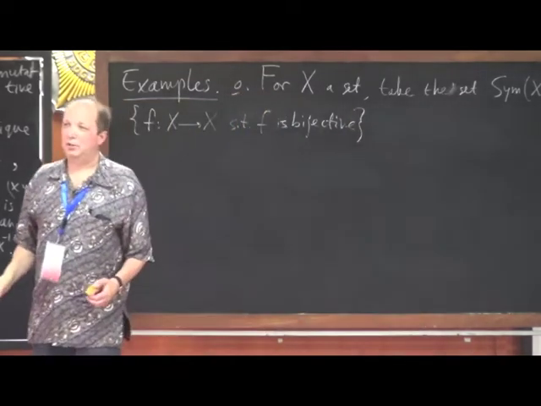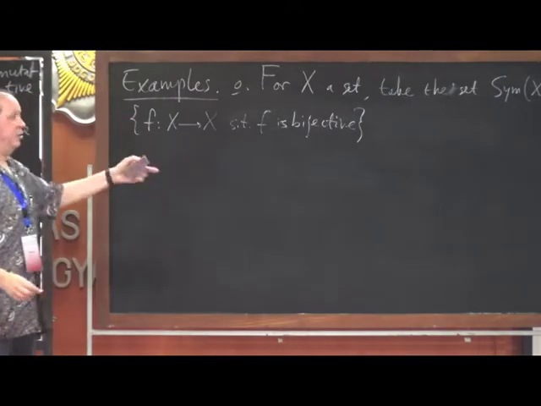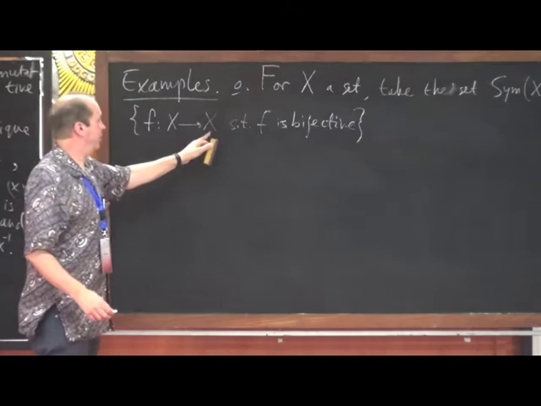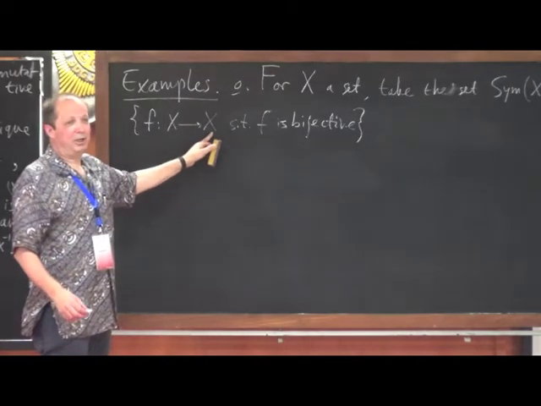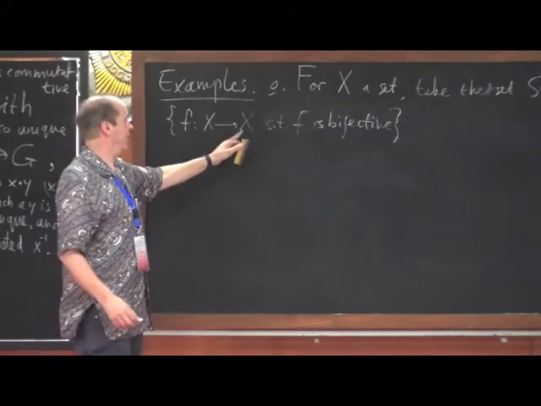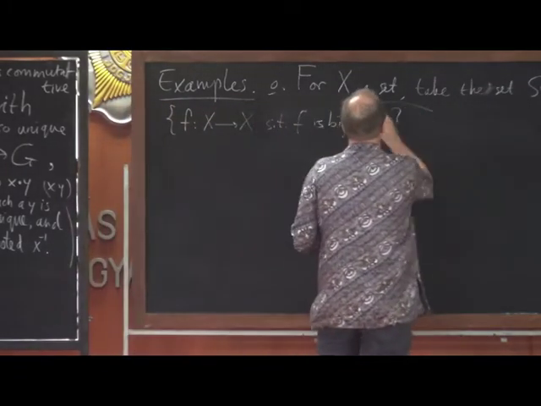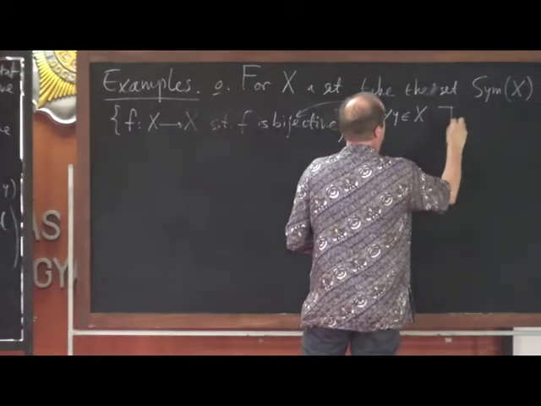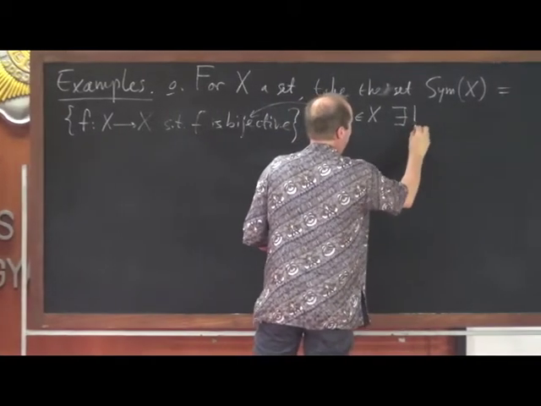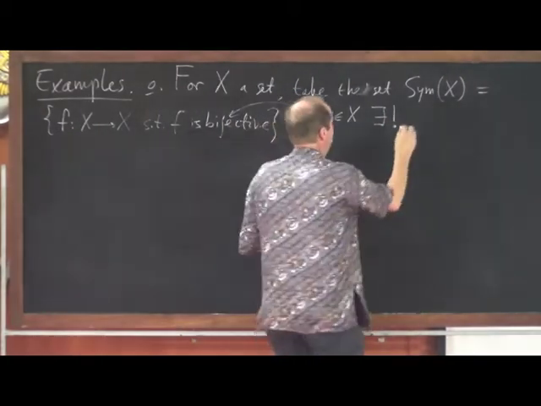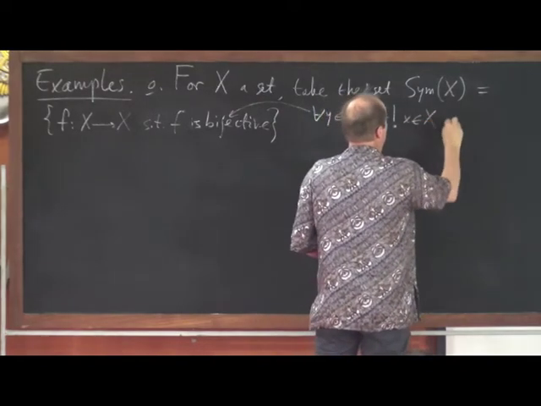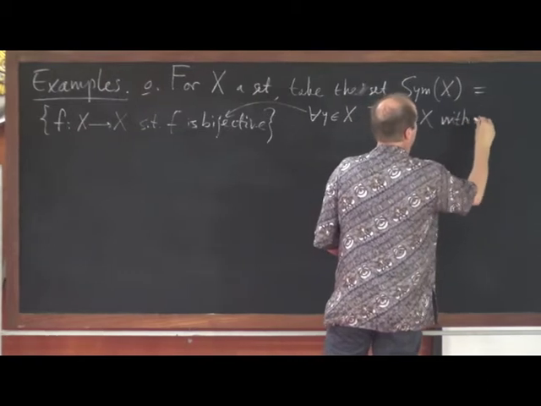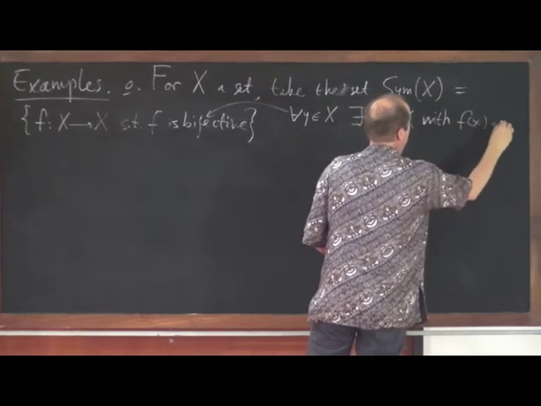So bijective means it is injective and surjective. The easiest way to remember is that every element in the target has exactly one pre-image. So for every y in X, there is a unique x in X with f of x is y, right?